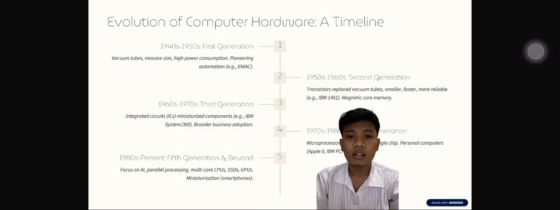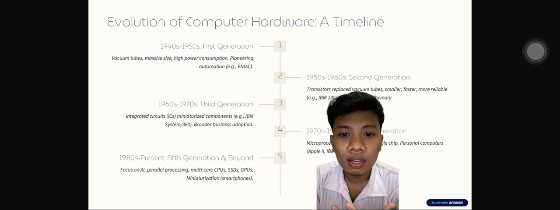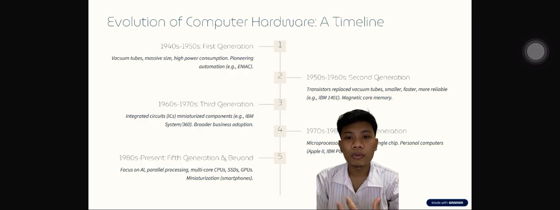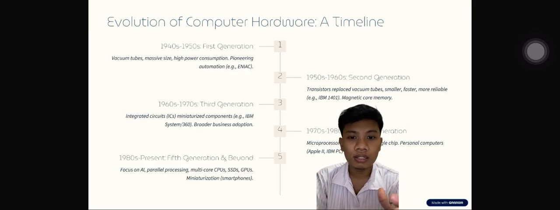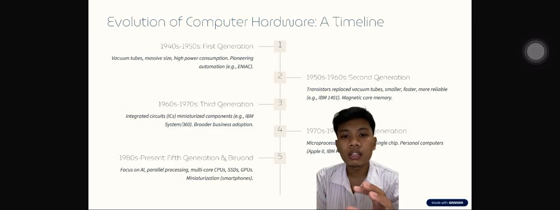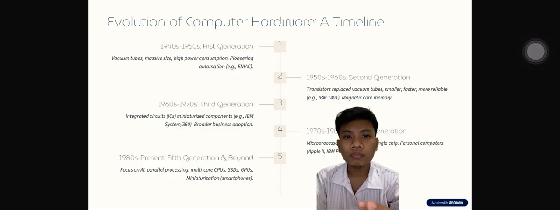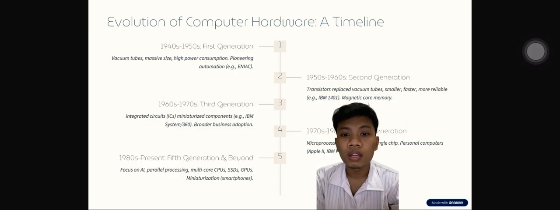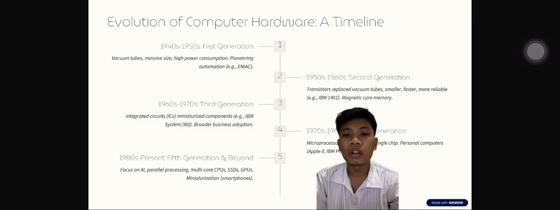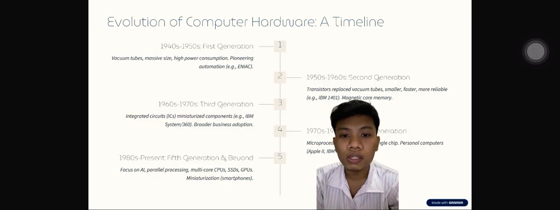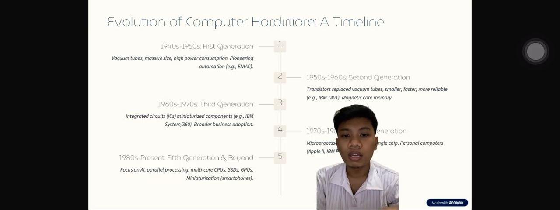And then the last generation of computers and beyond, the technology in this era focuses on AI, parallel processing, and supercomputers. Modern hardware includes multi-core processors, SSD, and GPU.